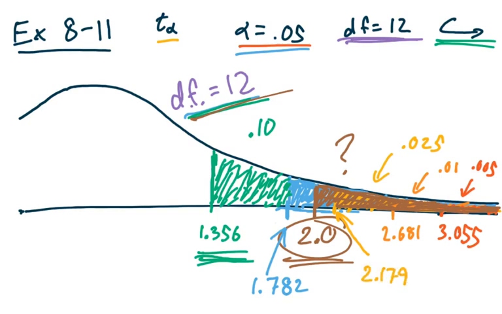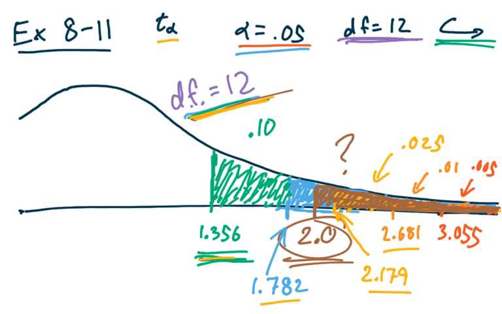So all of these values, you'll remember, 1.356, 1.782, 2.179, 2.681, and so on, are all of the critical t values coming from row 12 of our t table. So they're all our critical t values for this particular t distribution curve.